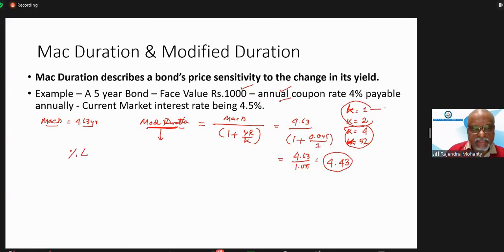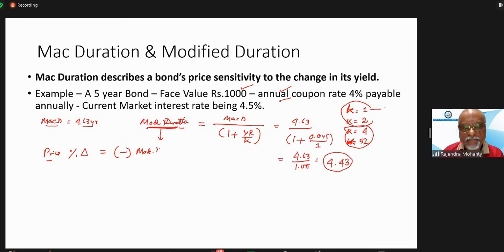Percentage price change. So I am writing here the formula: percentage price change of the bond equals minus modified duration into yield change. The formula always starts with a minus sign because I have told you there is an inverse relationship between yield rate and price of bond.